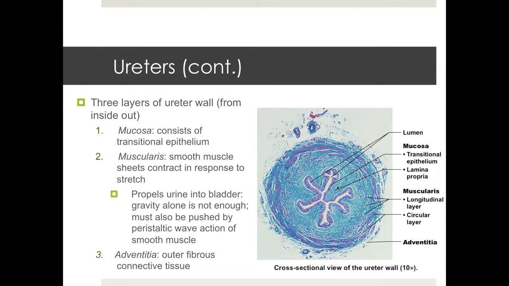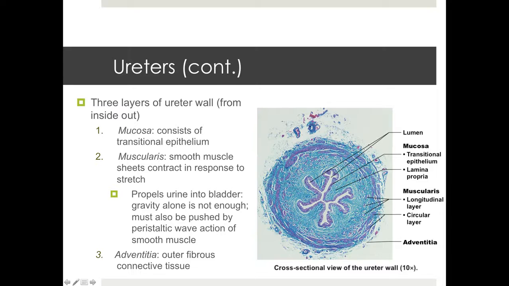We're going to have 3 layers of our ureter wall, and I want you to be very careful that you don't mix up these layers with what we have going on in the digestive system. This is separate. This is urinary system, although it does follow a similar pattern.